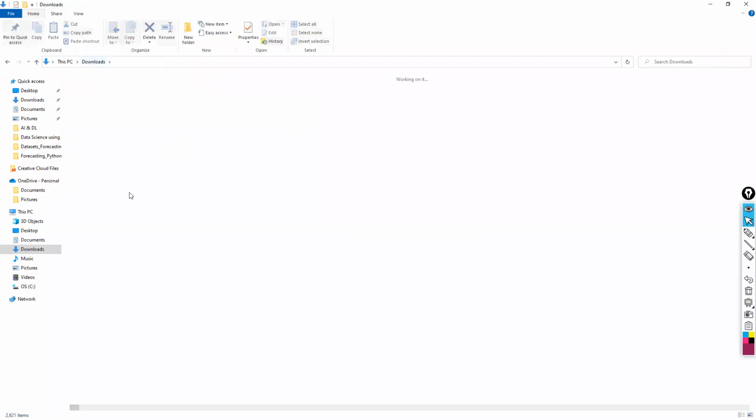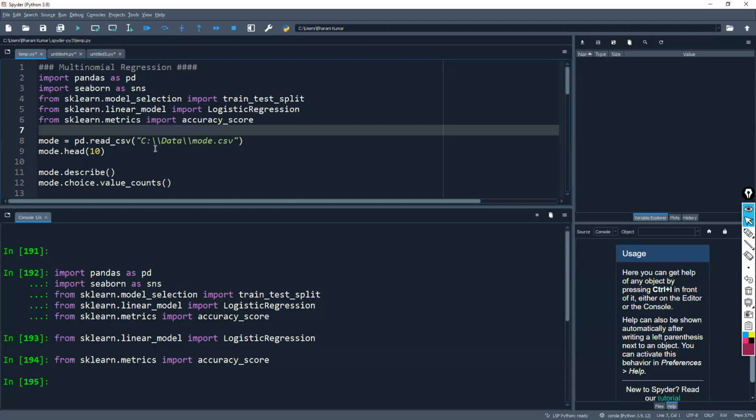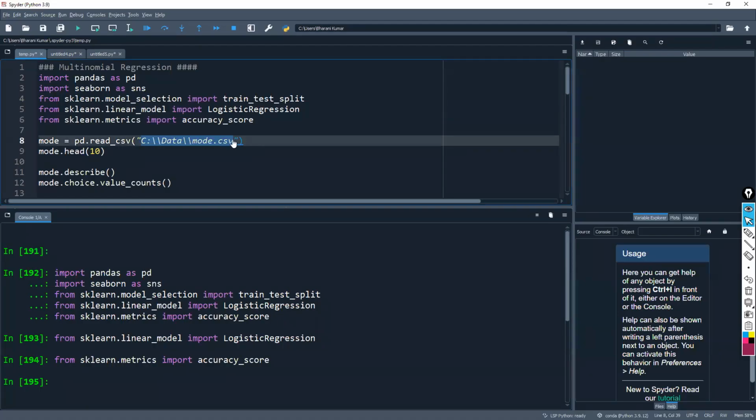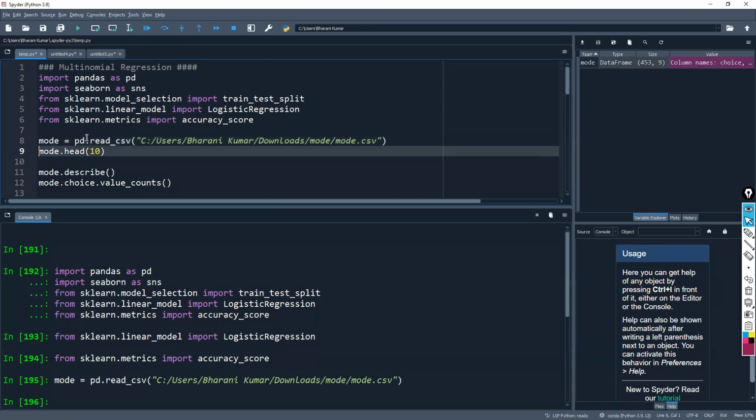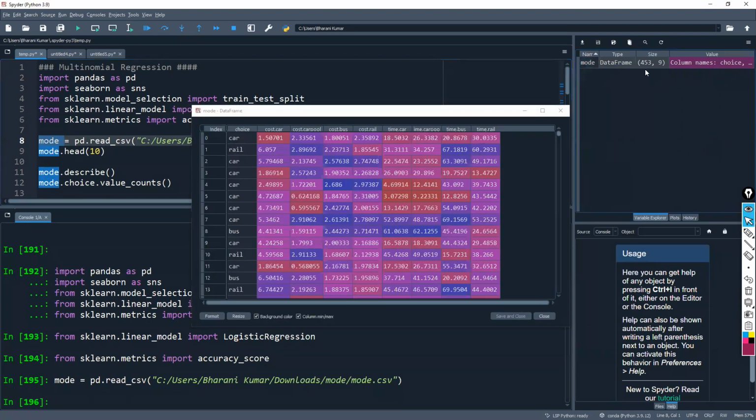Here, let me go to the dataset called mode. We read this dataset called mode.csv and load that into mode. In this mode dataset, you have 453 rows and 9 columns.